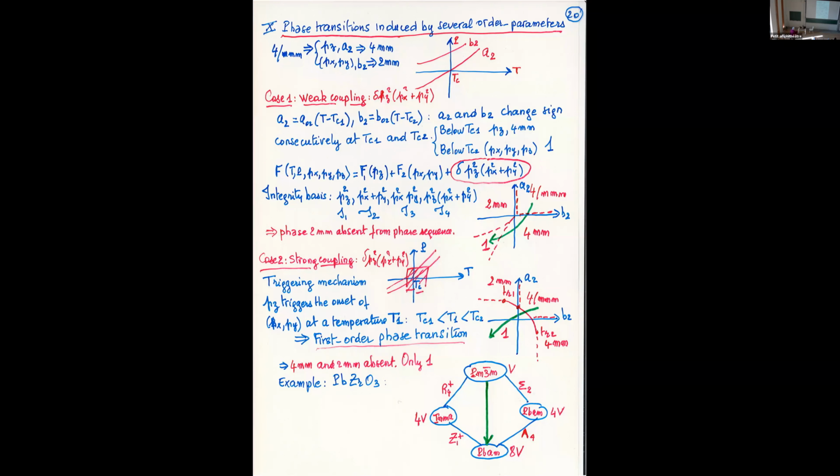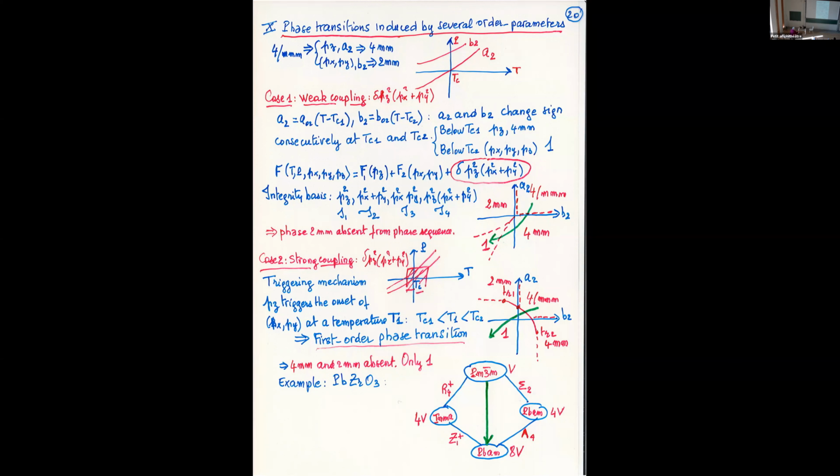You will have only 1, because 1 is the intersection of 4mm with the different symmetries related to Px and Py. And here is the phase diagram I have represented here. So you have 4/mmm, it goes to 4mm, and then it goes to 1. The group 2mm, which should be induced by Px, Py, will not appear in the phase diagram.